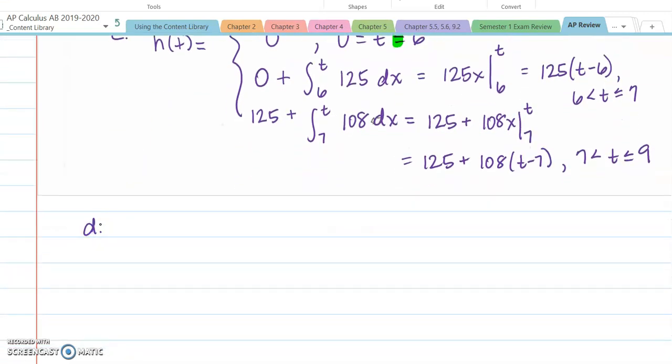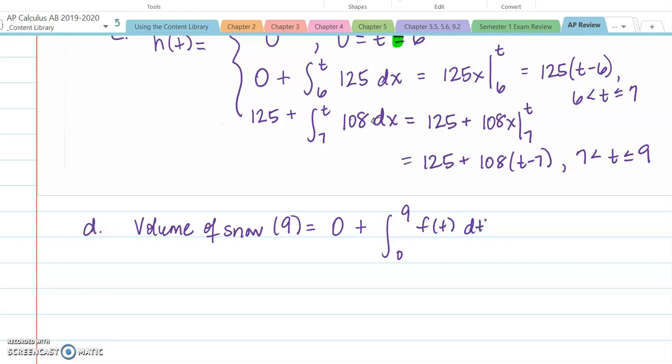Letter D, how many cubic feet of snow are on the driveway at 9 a.m.? So this represents a volume question, and the volume of snow at 9 a.m. is going to be equal to the zero amount of snow on the ground at midnight plus the integral from 0 to 9 of f of t dt, which represents how much snow is accumulating.